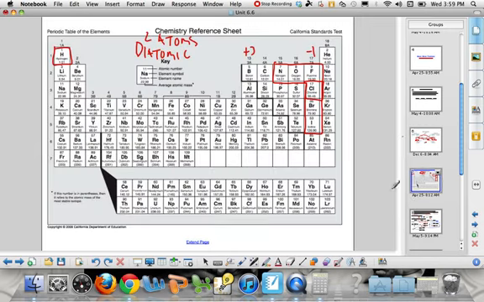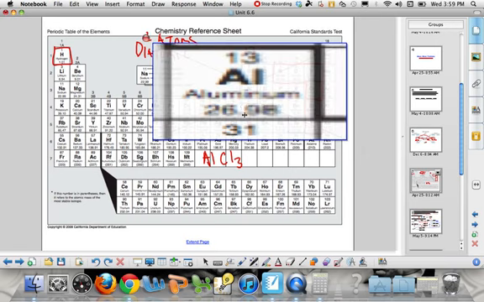So I have both aluminum and chlorine. I have aluminum chloride, AlCl3. I've got to look this up. Let's take a look at the mass for each of these. Aluminum we looked up last time. Aluminum is 26.98. We said we just round that to 27.